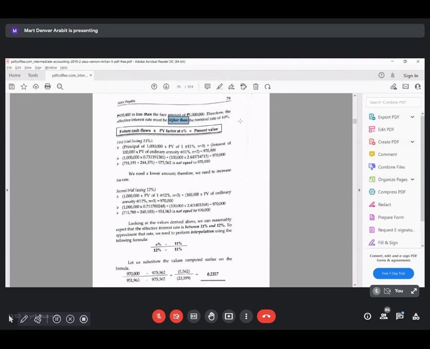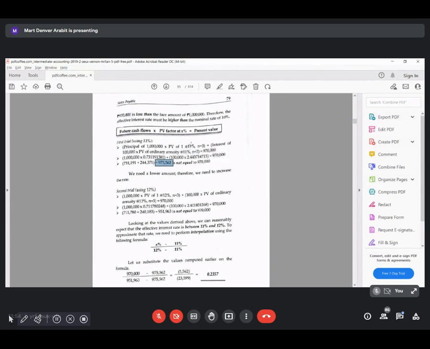So, how to compute first trial? Again, we will be using the interpolation method. However, Milan is calling it trial and error, which is, I think, the same naman. So, first trial, ginamit niya is 11%, and he computed 975,562, which is not equal to 970. So, since 970 yung present value niya, and we computed 975,000 using 11%, we need to go higher.